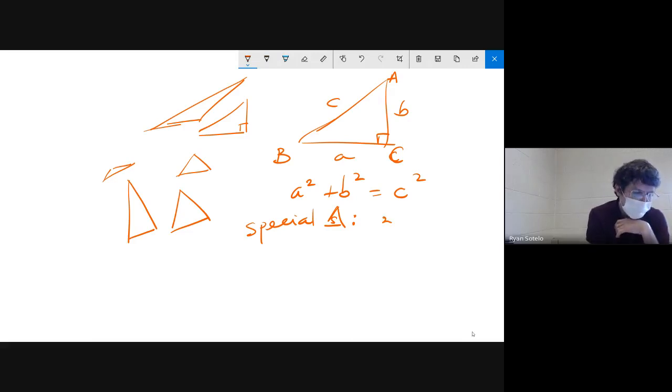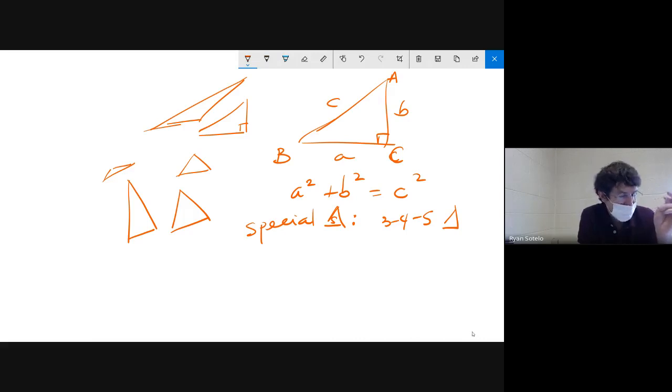We have the 3, 4, 5 triangle. Does that ring a bell? Anybody remember that one? The 3, 4, 5? No?